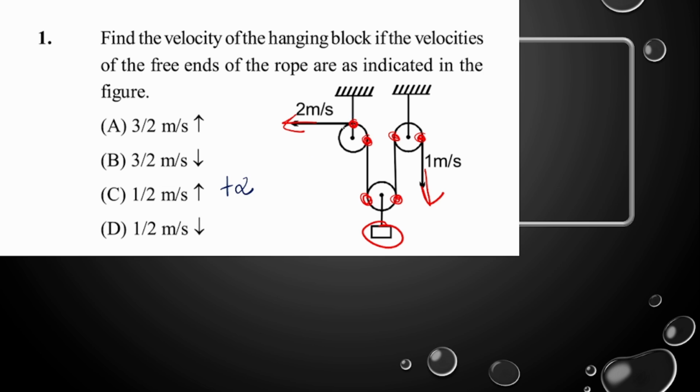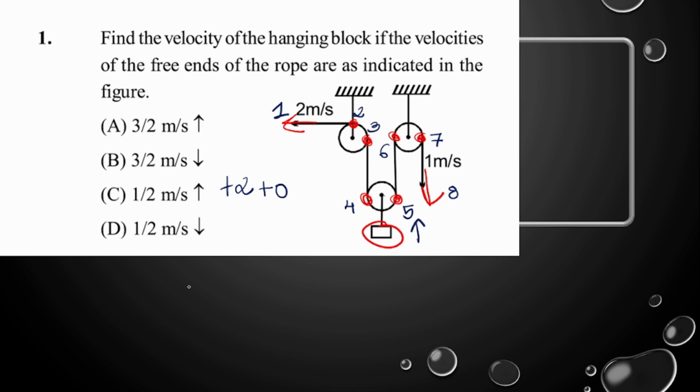This point is going nowhere, so its velocity is plus 0. And I have considered that this pulley is moving upward.